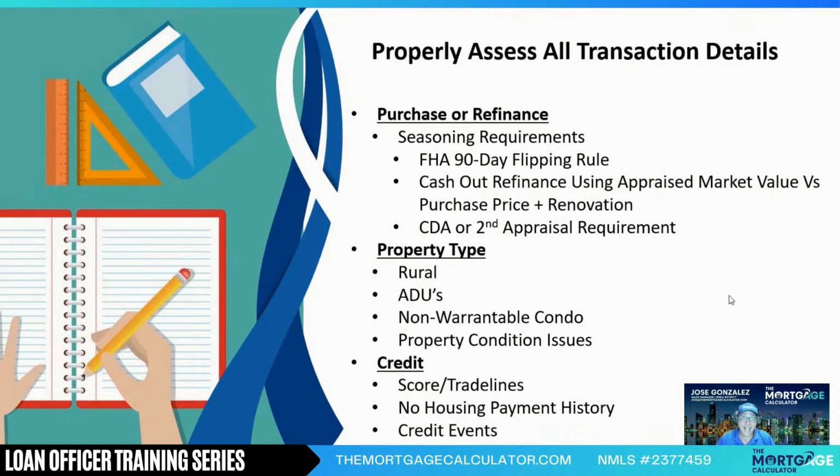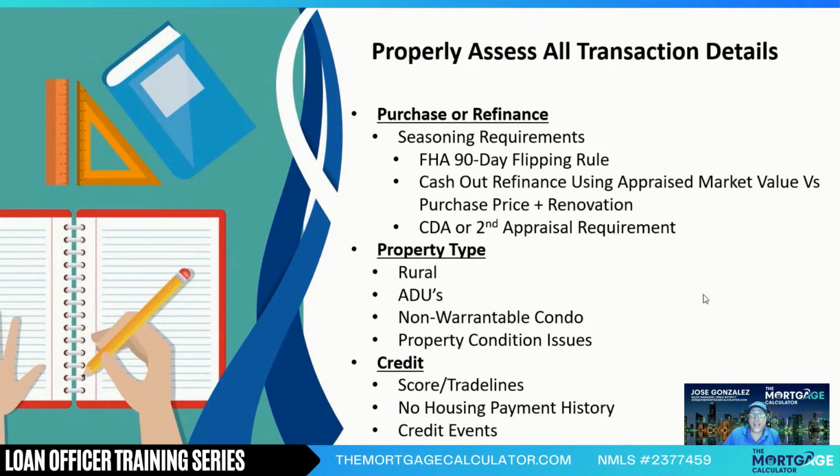So again, guidelines review. Property type is another consideration. Is it rural? Wow, isn't that one of the topics that can really kill a deal? And that's not always so easy to determine. Sometimes it's pretty easy to determine when you're reviewing the property's profile, but other times it's not, and it's strictly up to the appraiser.